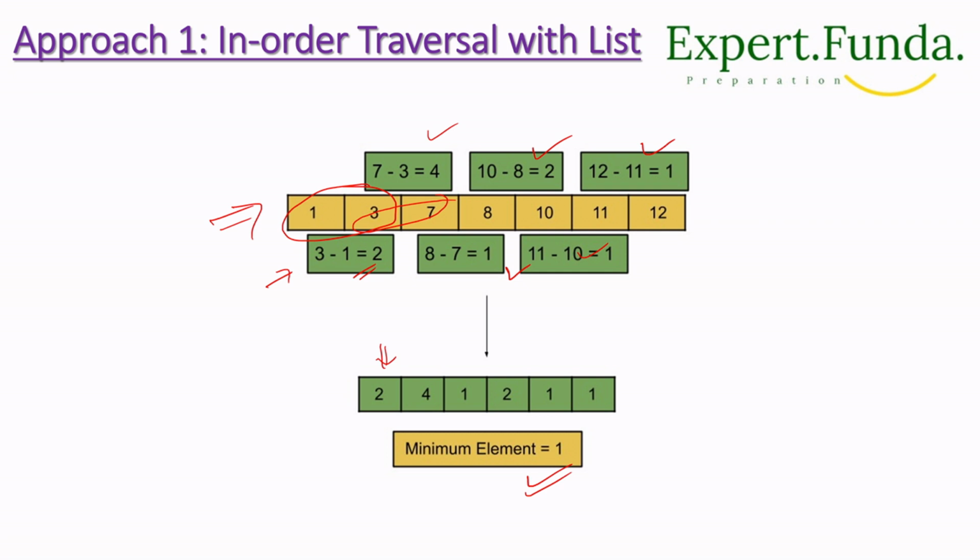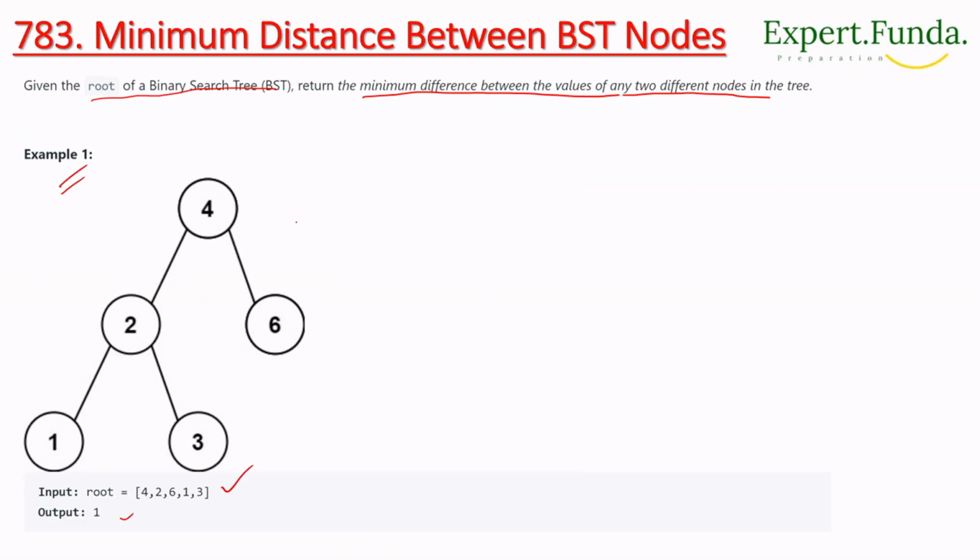The in order traversal of a binary search tree produces a sorted array, and therefore we will generate the in order traversal of the given tree and then find the minimum difference using it. If you consider any of the examples, in order means left, root, and right, and we will go with in order.